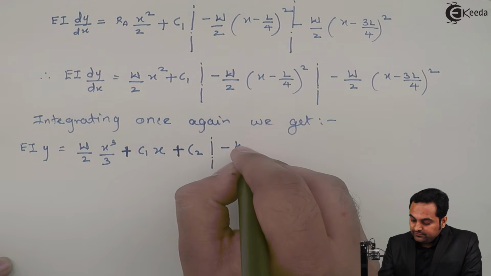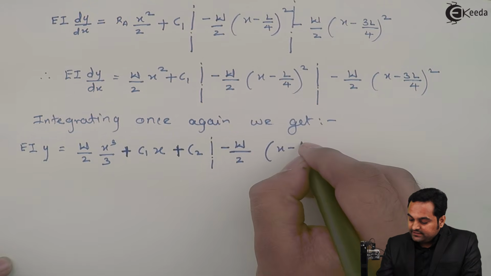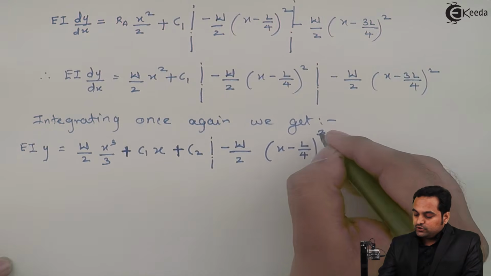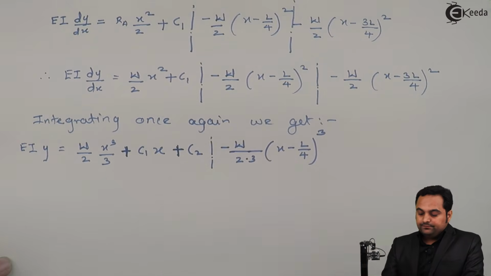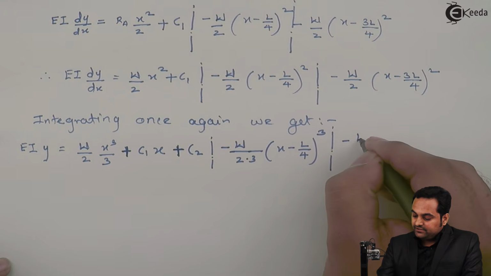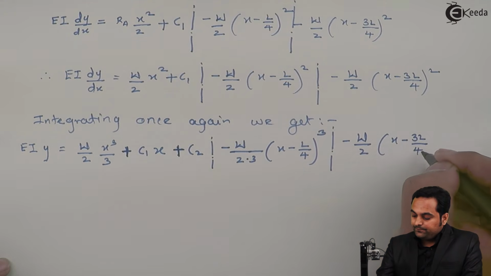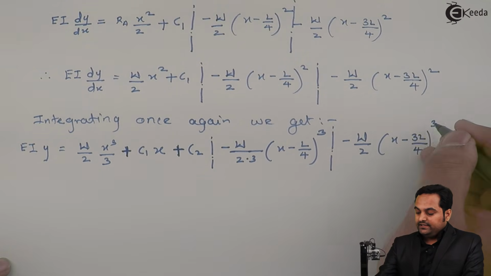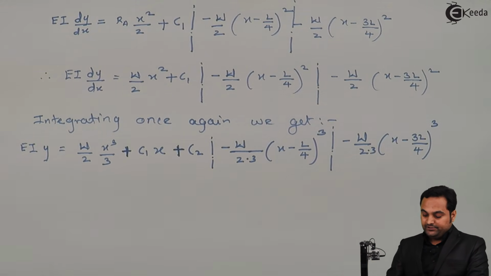Then minus W by 2, here we have x minus L by 4 square, so after integration it becomes cube divided by 3, so this 3 will be here in the denominator. Next minus W by 2 into x minus 3L by 4 cube, again integration of x square is x cube divided by 3, so 3 will be multiplied in the denominator.